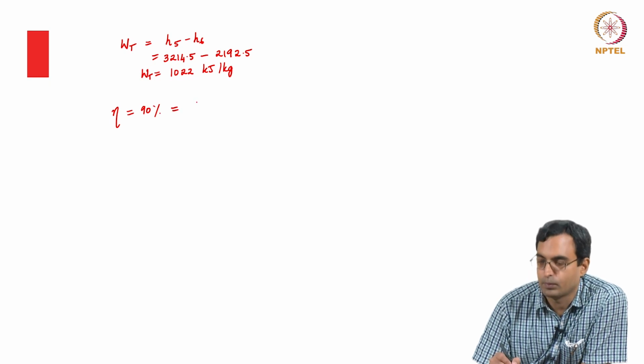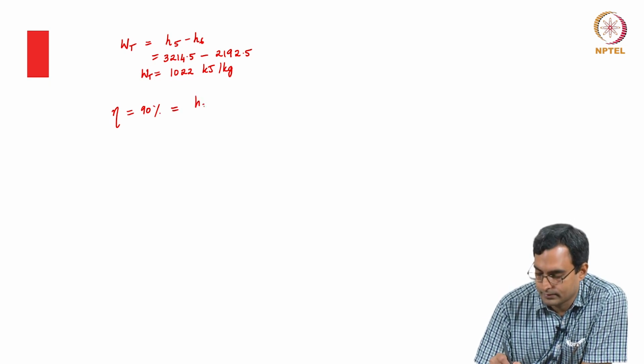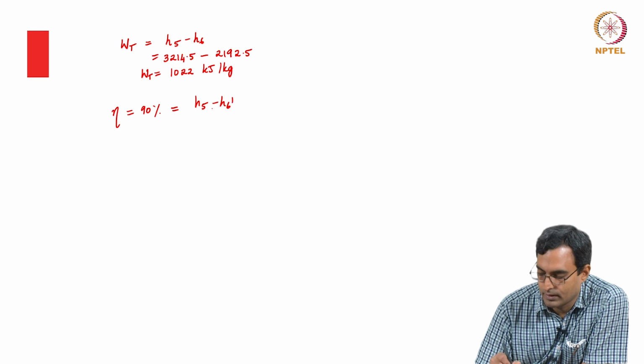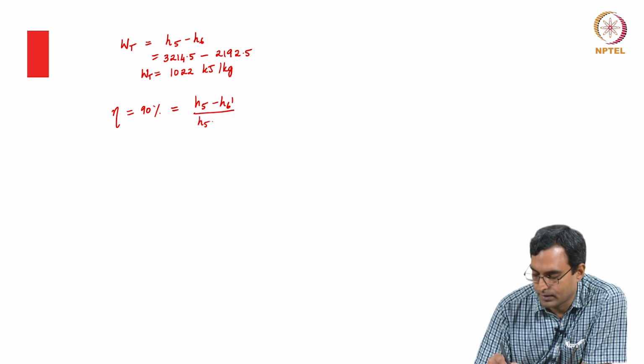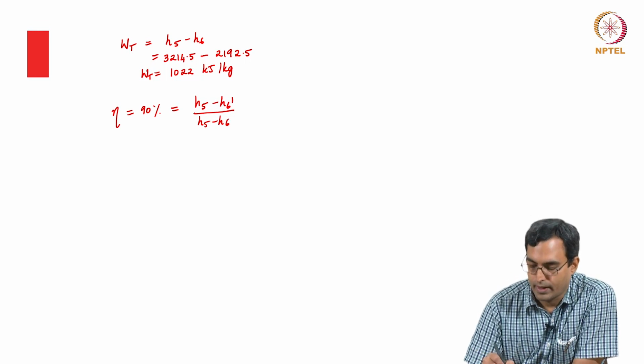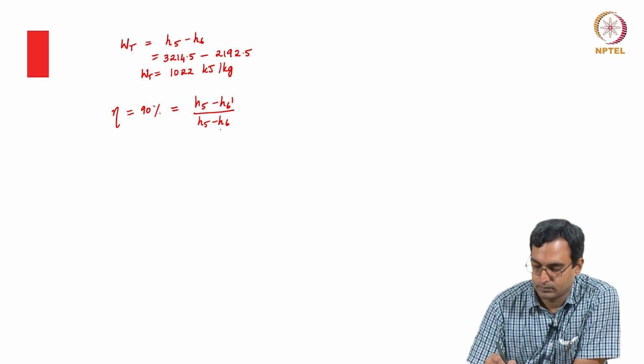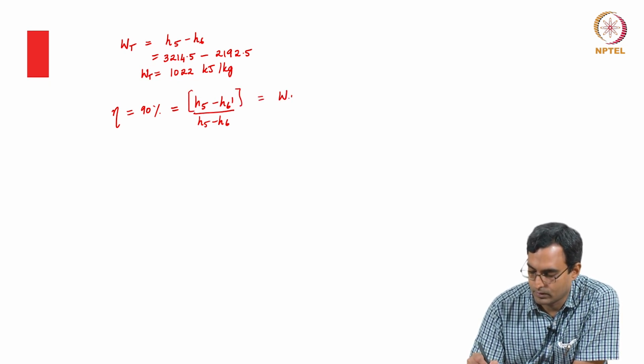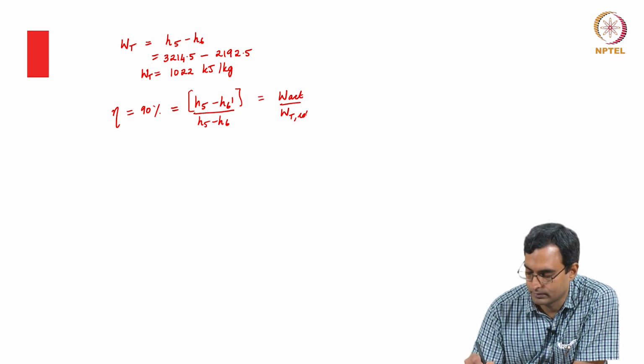This is essentially the work which I really get divided by the work which I would have got if this process was isentropic. So, I know this value and I know this value. So, what I want to know is this value, this actual work divided by WT ideal.